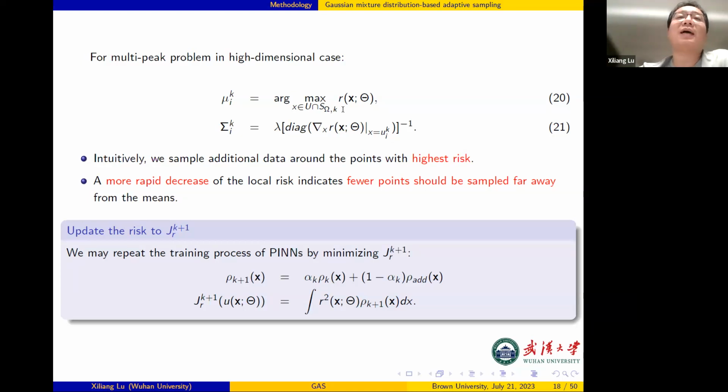In fact, using the Gaussian mixture will help us get a much clearer landscape of the residue distribution.